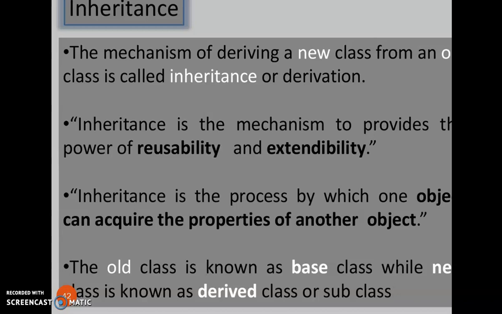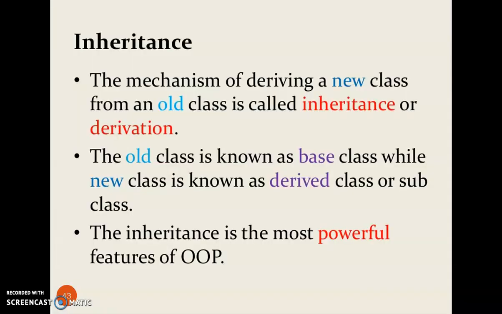So inheritance is a process by which one object can acquire the properties of another object. So we can extract the features of one class to another class. The old class is called the base class and the new class is called the derived class, otherwise called a subclass. Okay, it's a powerful feature of OOP.